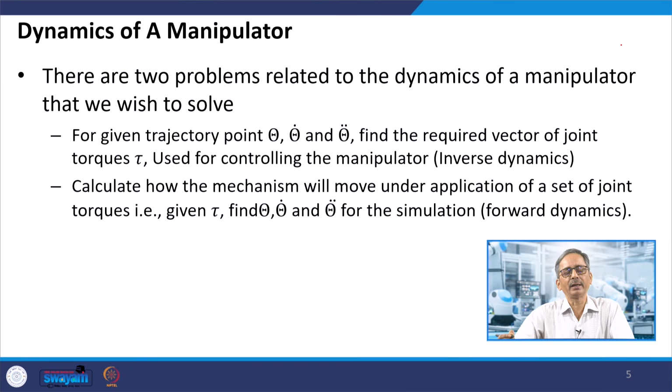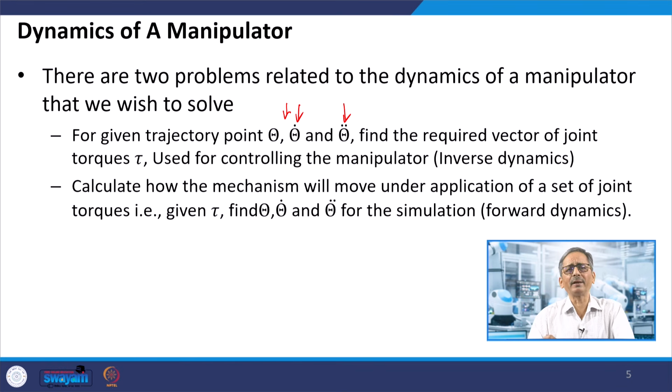Now, when we are talking about the dynamics of a manipulator, essentially there are 2 types of problems which we come across. The first one is that, for a given trajectory point, I am given the joint position, the joint velocities and the joint acceleration. These are vectors.